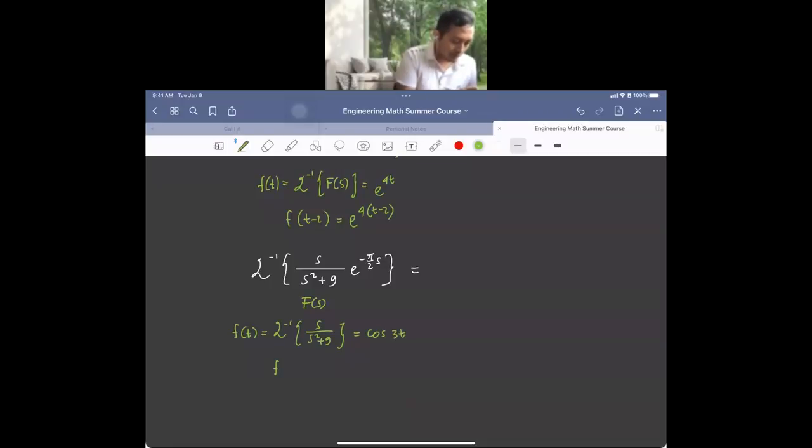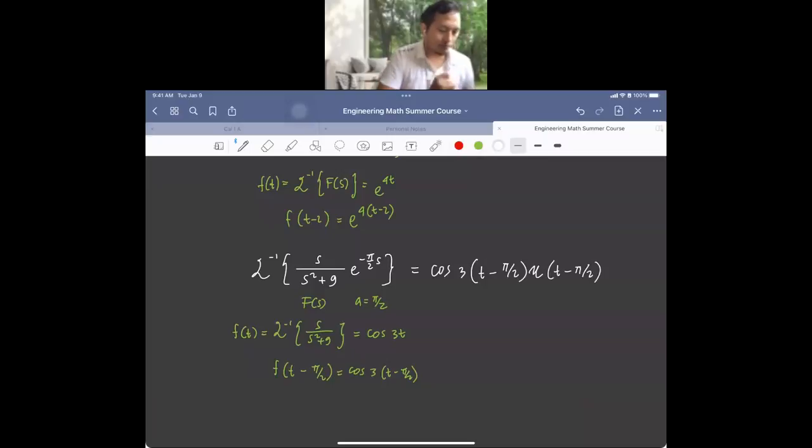And we know that a is pi over 2, so f of t minus pi over 2 will be cos 3 times t minus pi over 2. So we write cos 3 times t minus pi over 2, and then Heaviside t minus pi over 2.